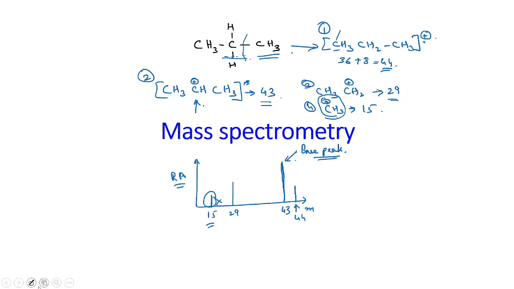Now suppose we are having another molecule, say butane, and we are having 2-methyl propane.